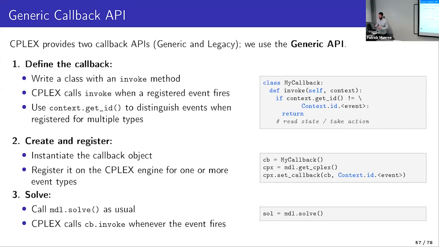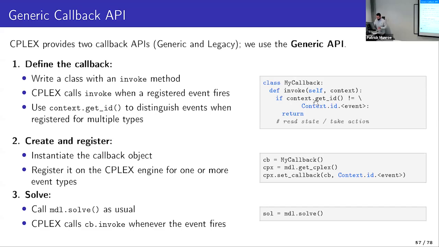It's the function that is called by CPLEX. I'm not sure, maybe you don't even have to create a class, but this is the standard way to do it. It probably expects an invoke function. What's interesting when you have the class is that you can also store a state, information that you can save between the callbacks.